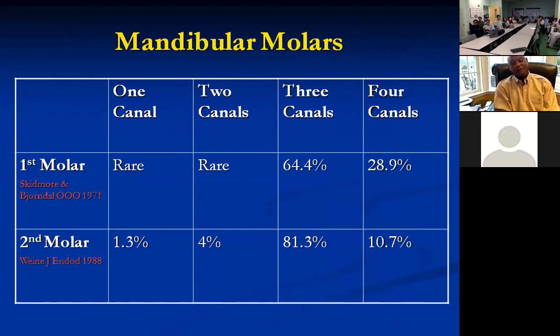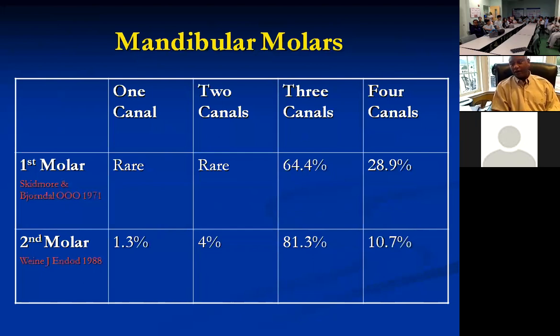So 64% of them do have 3 canals, 2 mesial canals and 1 distal. And about 29% of them have 4 canals. But once again, that's one of those situations where we really want to look for it. Frank Wine did another study in 1988 with mandibular second molars.